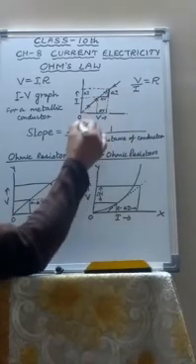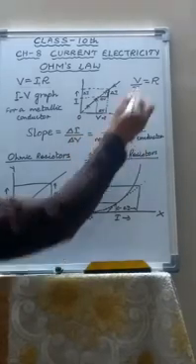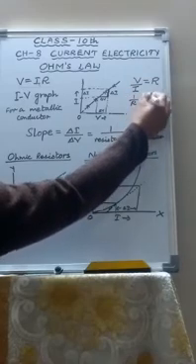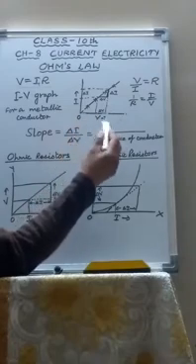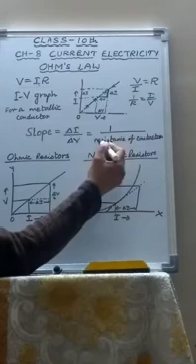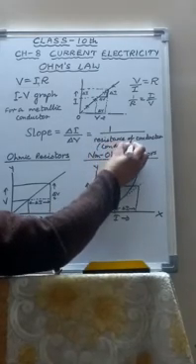So slope equals delta I upon delta V, which is 1 upon R, because R is V upon I. So 1 upon R is I upon V. The slope of the IV graph will give you 1 upon the resistance of the conductor, which is also called conductance. The reciprocal of resistance is called conductance.